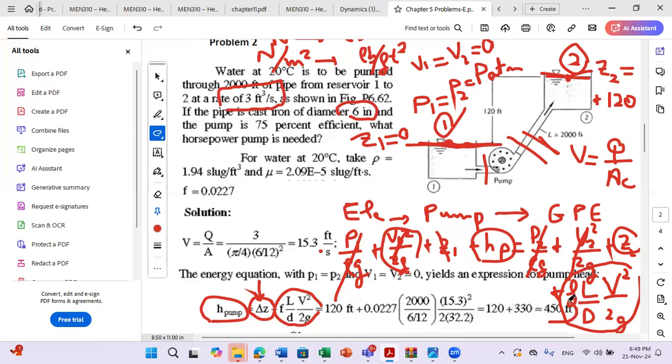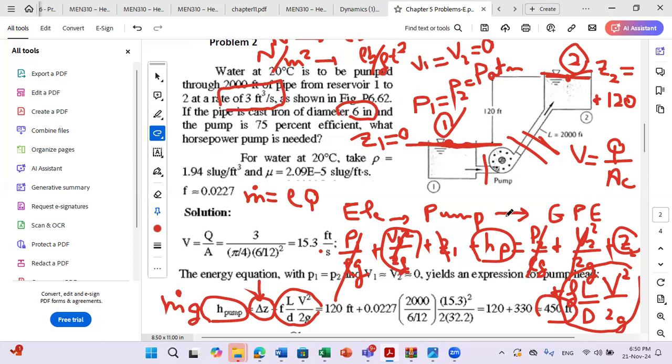Once we calculate the pump head, to get the power, we need to multiply by m dot times G. And m dot is simply the density of our fluid times the volumetric flow rate, which are both given here. So you just have to replace and get them. When I do m dot G H pump, I calculate the power imparted by the pump to the fluid. This is the power gained by water as it flows through my pump.